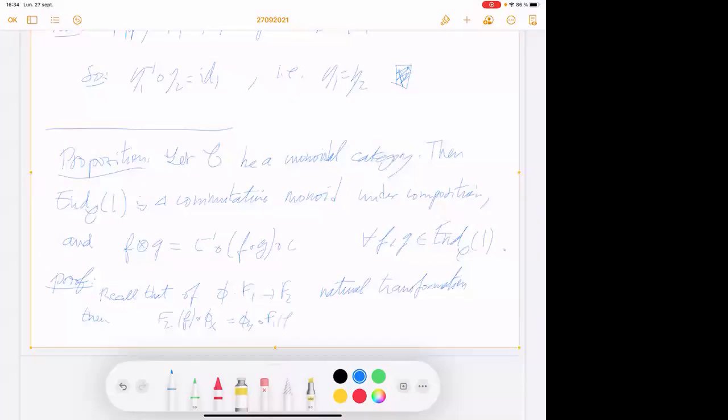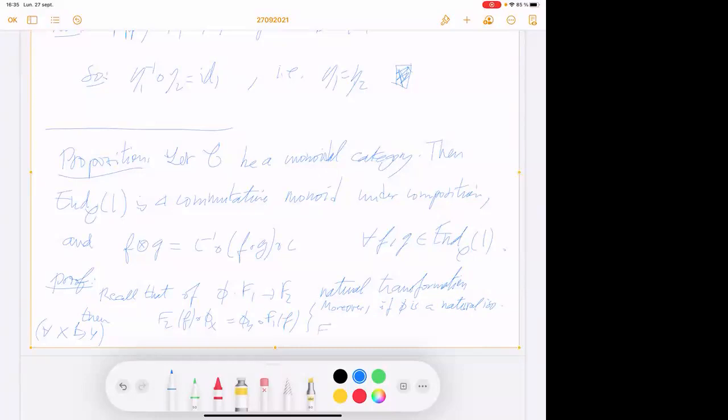This is the definition of a natural transformation, for all x, y, f like that. And moreover, if phi is a natural isomorphism, then you can apply the inverse.